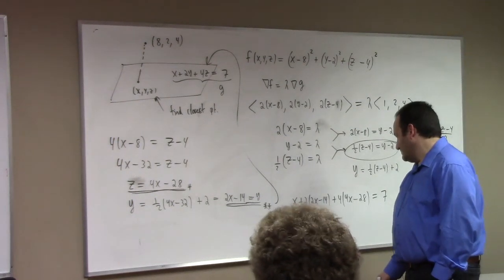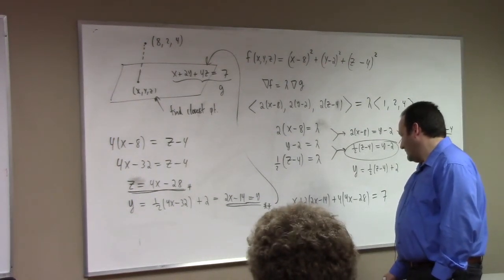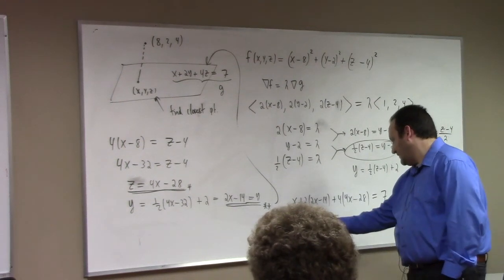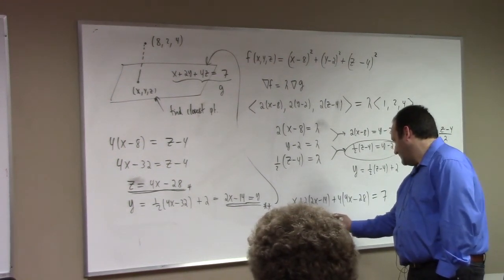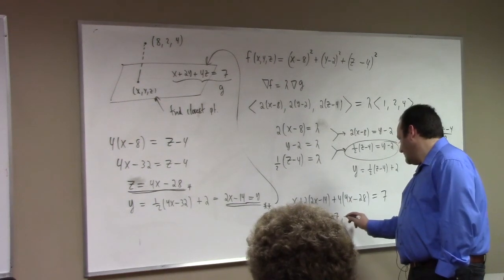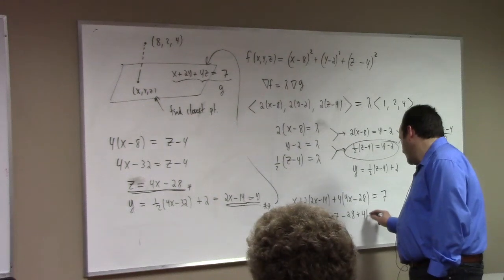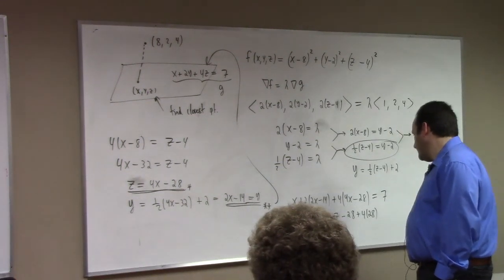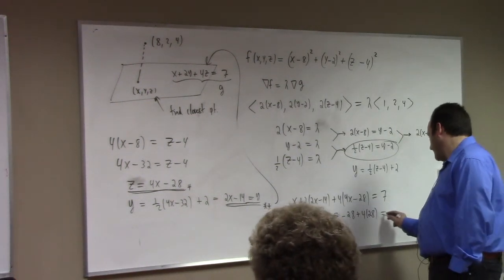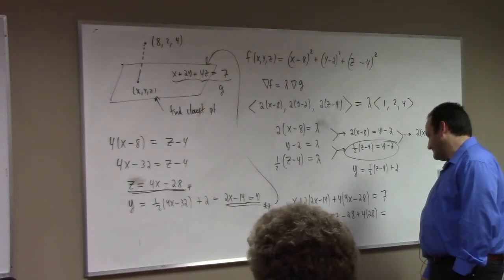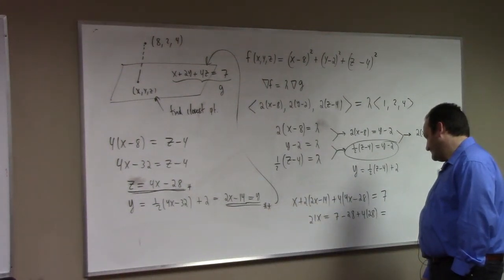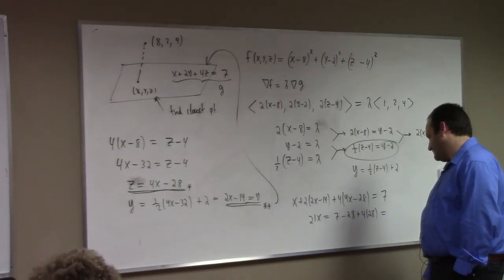Which gives me what? What's 4 plus 16? 21x equals 7 minus 28 plus 4 times 28, which is what? 112?